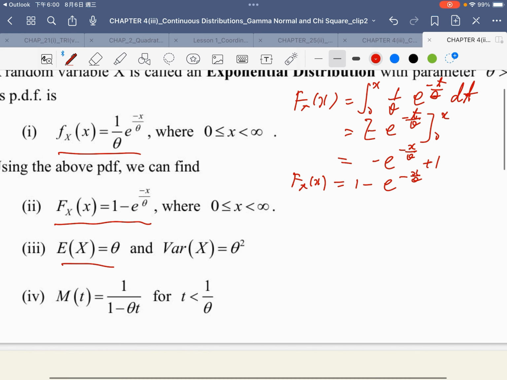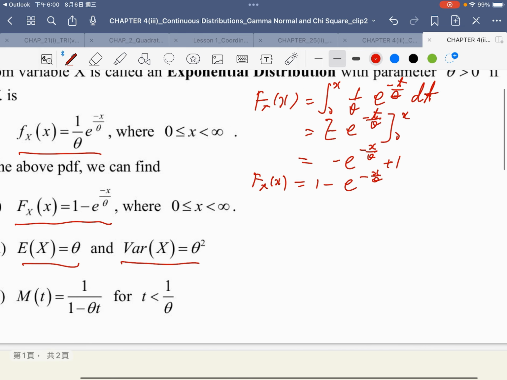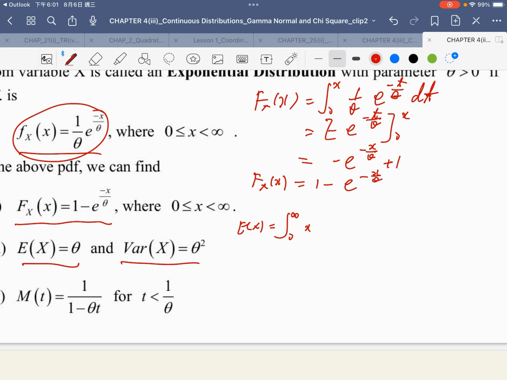For the expected value, it is equal to theta, and the variance is equal to theta squared. Here I also use the basic definition: E(X) equals the integration from 0 to infinity of x times the PDF, 1 over theta e to the power minus x over theta dx.